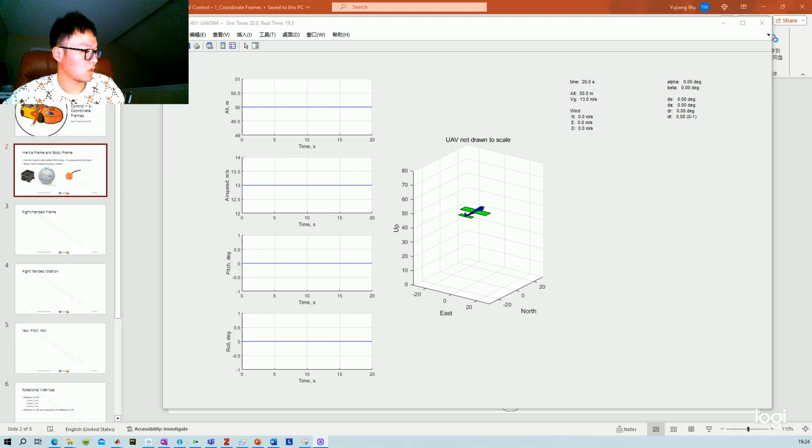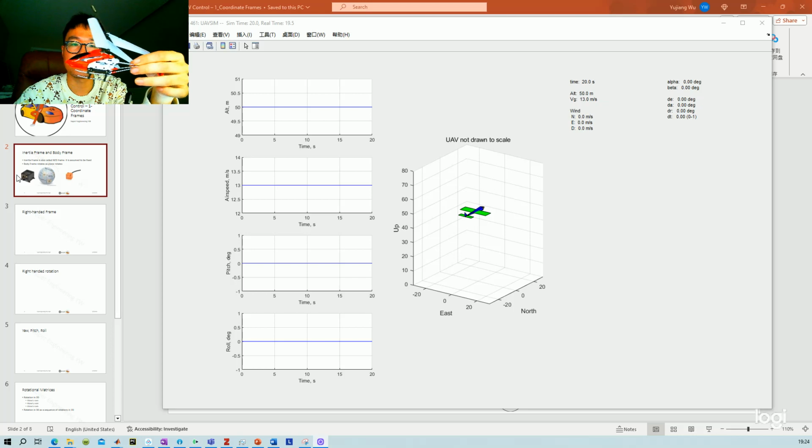So in this series, I will talk about how to do UAV control, which is unmanned air vehicle control. An unmanned air vehicle is something like this.